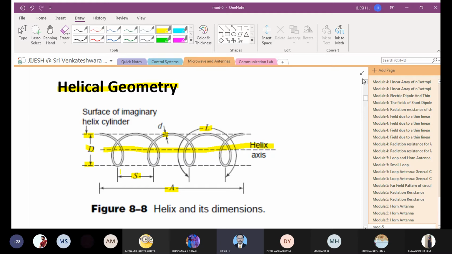Okay, in that, one is helical antenna, helical geometry. So you can make a note of these things. You can draw this figure.